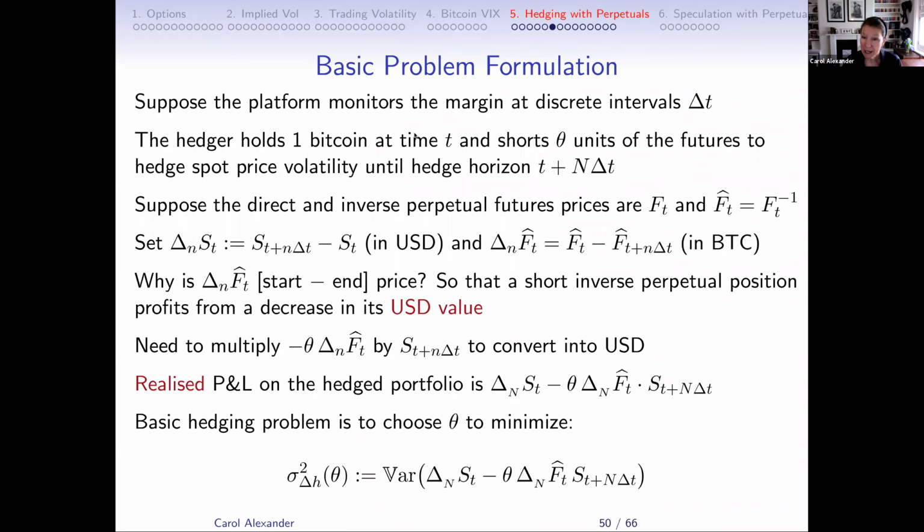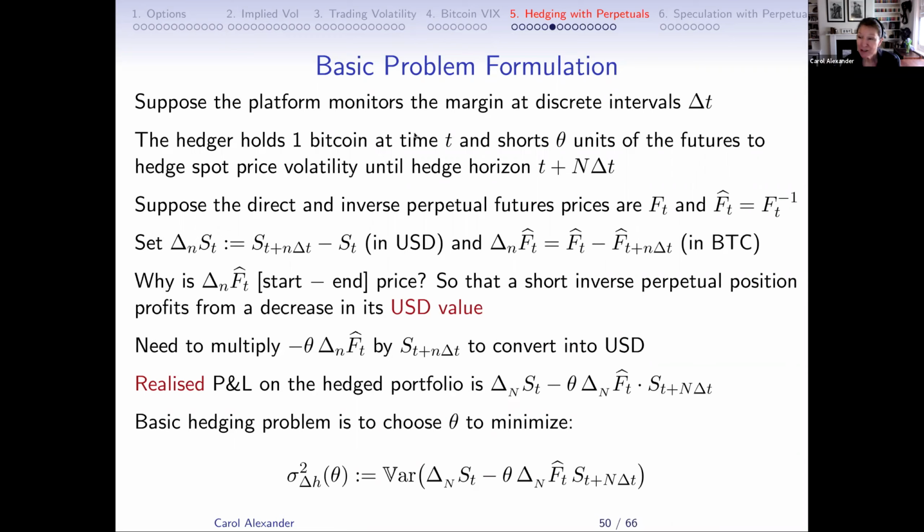And so with our hedge, we want to win when the USD value falls. Otherwise it wouldn't be a hedge, okay? And why did I say that? I mean, that's pretty obvious, isn't it? You're long Bitcoin over USD, and your hedge should therefore gain when the USD value falls.